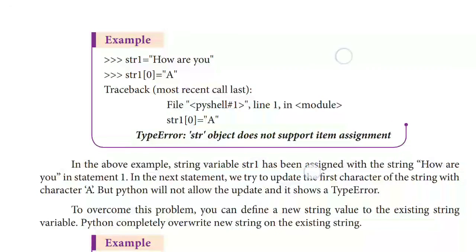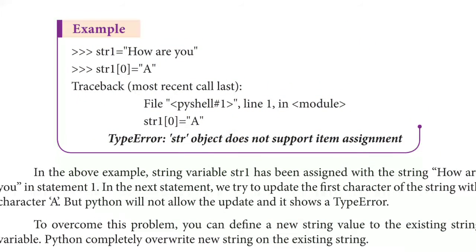So here they have given another example. str1 is equal to how are you. In the next statement, they are trying to change str1 of 0 to a. By default it is h there, so they are trying to change the value of h to a.